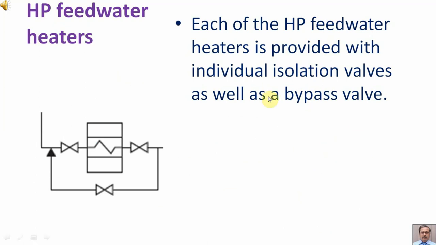Each of the high pressure feedwater heaters is provided with individual isolation valves as well as a bypass valve. Here we are having the isolation valves and this one is the bypass valve.